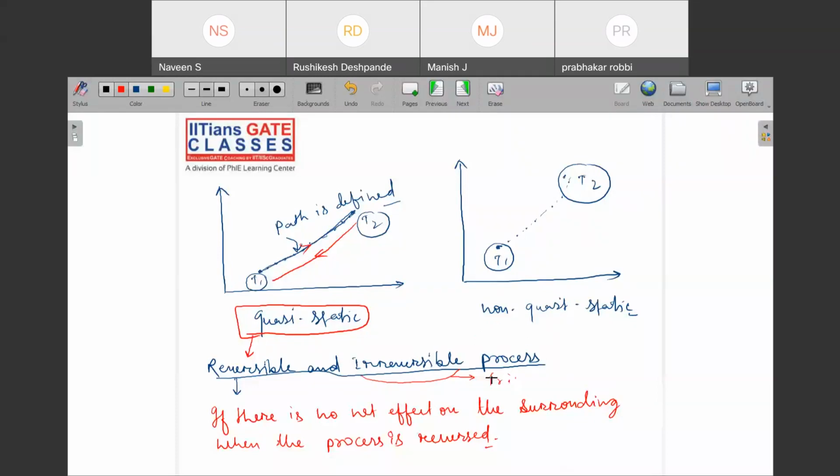If you are able to maintain the equilibrium condition, see what does equilibrium and non-equilibrium mean? Suppose you were at 10 degrees Celsius and you have reached 10.01. It will make you feel that 10 and 10.01 are identical, so there will be no drastic change in that particular system. If there is a very drastic change, then losses are bound to happen. If the changes are not drastic, then I can stay in the equilibrium condition for the rest of the time.